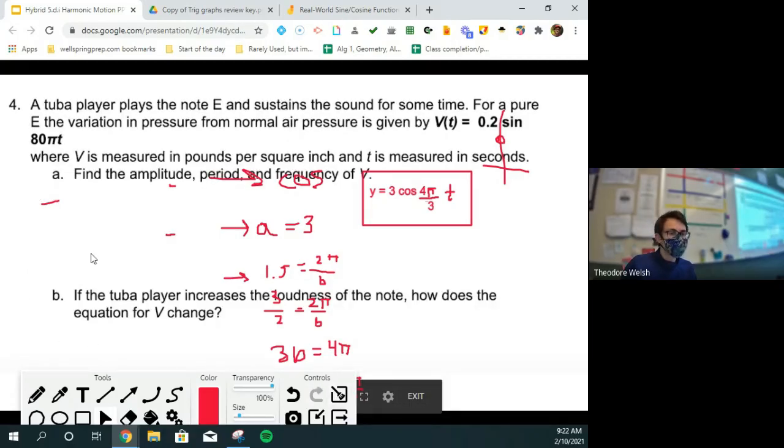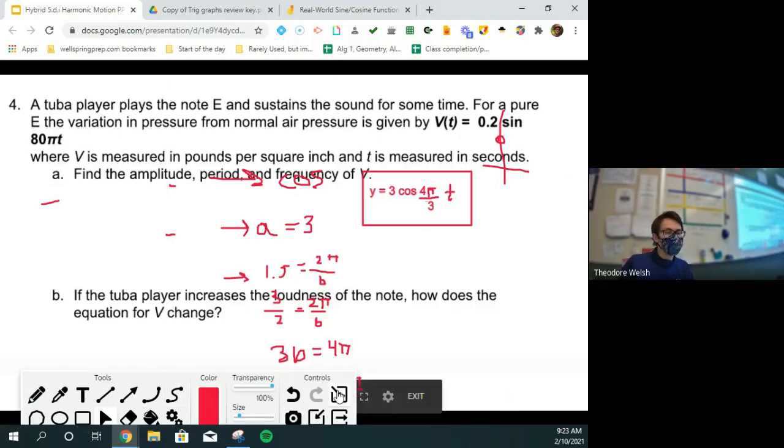We have a tuba player who plays the note E and sustains the sound for some time. If we're playing the same note, sustaining the sound at the same level of volume, we're assuming that the sound wave is remaining the same. So the fact that it's being sustained is important.